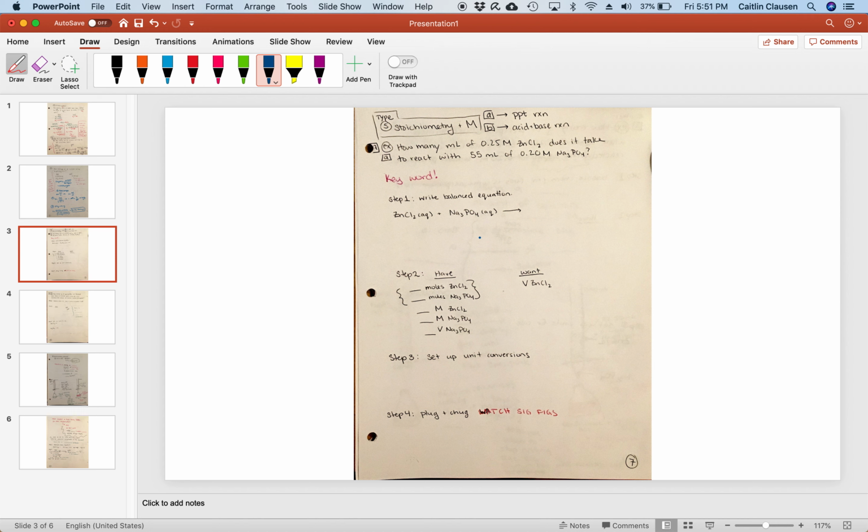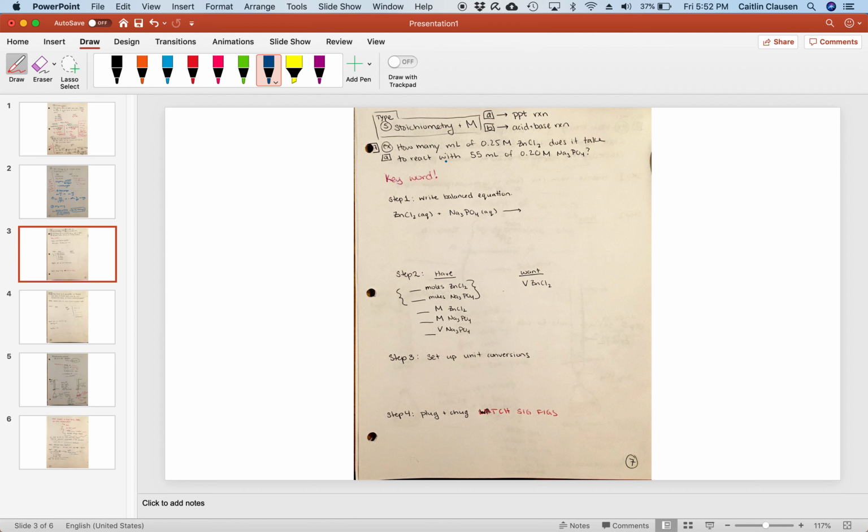We can now move on. This is the last type of problem you're going to encounter with molarity, and it's stoichiometry and molarity. There are two types of stoichiometry, with precipitation reactions and then with acid-base reactions. I'm going to go through examples of each. So for precipitation reactions, you might see a question like this.